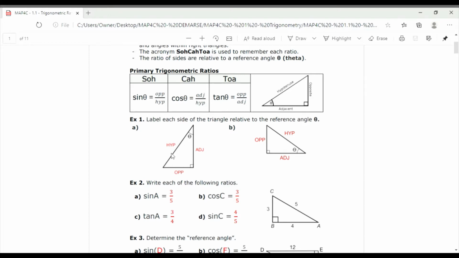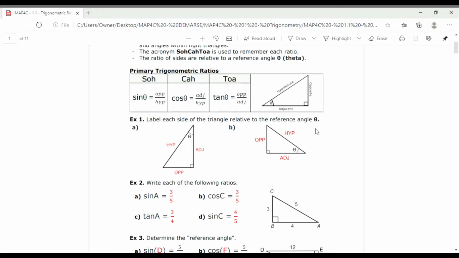My hypotenuse is on the angled side here. Now my opposite side is the side literally opposite, or across away from, the angle theta. And finally my adjacent side is the one right beside the angle theta. So in example 1a we can see where we label the hypotenuse, opposite, and adjacent sides.